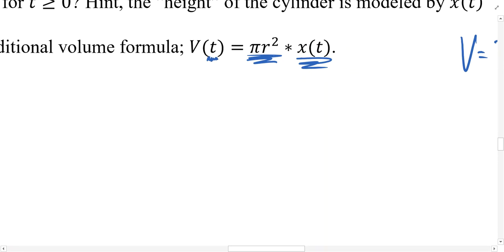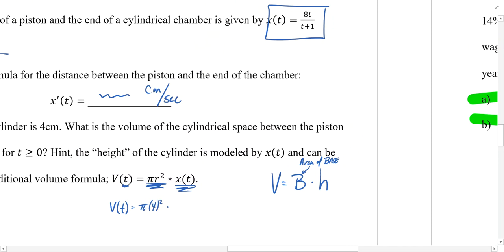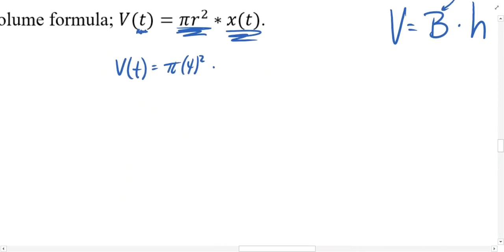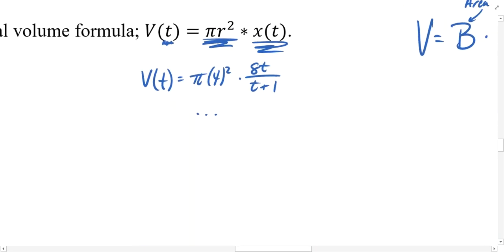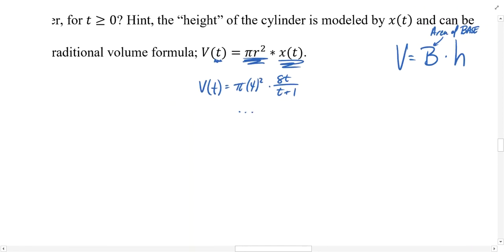Well, the variable in this problem is t, it's not r, and we are told that r is equal to 4. So pi times 4 squared must multiply by x of t, which was 8t over t plus 1. As we simplify this, we can now determine the volume formula for this particular problem.